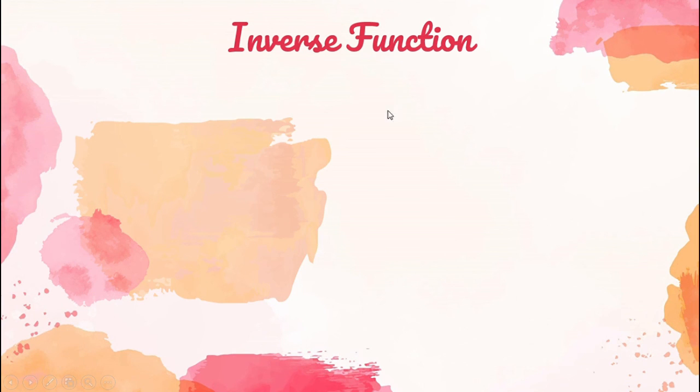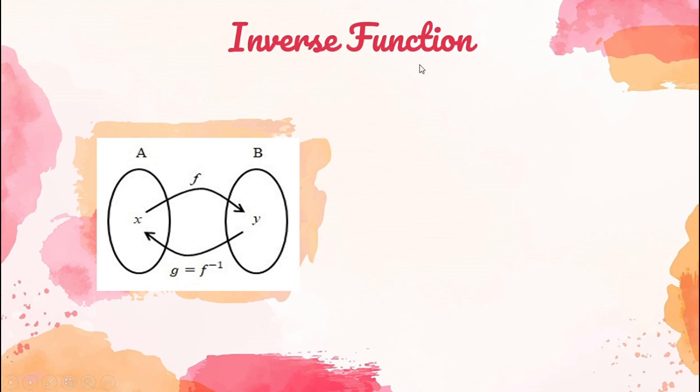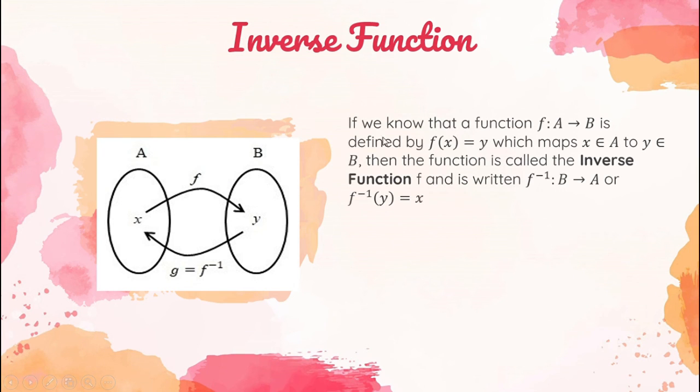Okay, we are in the last part of the lesson. Now we are talking about inverse function. If we know that a function f: A to B is defined by f(x) = y, which maps x element of A to y element of B, then the function is called the inverse function of f, written f^-1: B to A, or f^-1(y) = x.